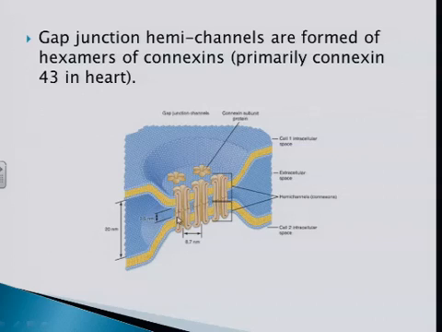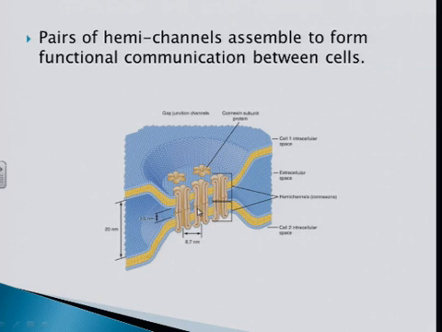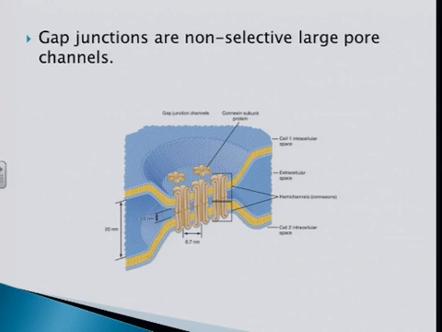In order to connect to and go through the other membrane, it has to bind to connexin 43 on an adjacent cell. So pairs of hemichannels assemble to form these electrical connections. It's a hole. It's a big hole. And this permits fairly large macromolecules, organic molecules, as well as ions, to pass between cells. So it forms a very functional, high conductance communication between them.